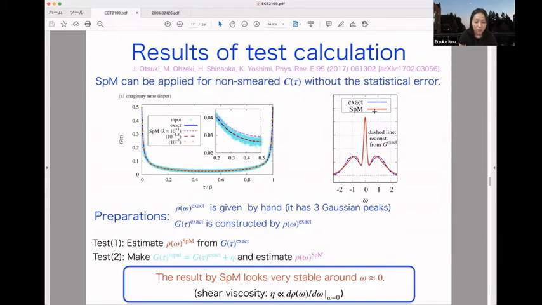In this plot, that fascinated me, because the sparse modeling analysis gives a very stable spectral function, in particular around omega equal to 0. Let me remind you the shear viscosity is proportional to the first differential coefficient of rho around omega equal to 0. So it looks promising to find the shear viscosity using the sparse modeling method. That is the starting point of my work.